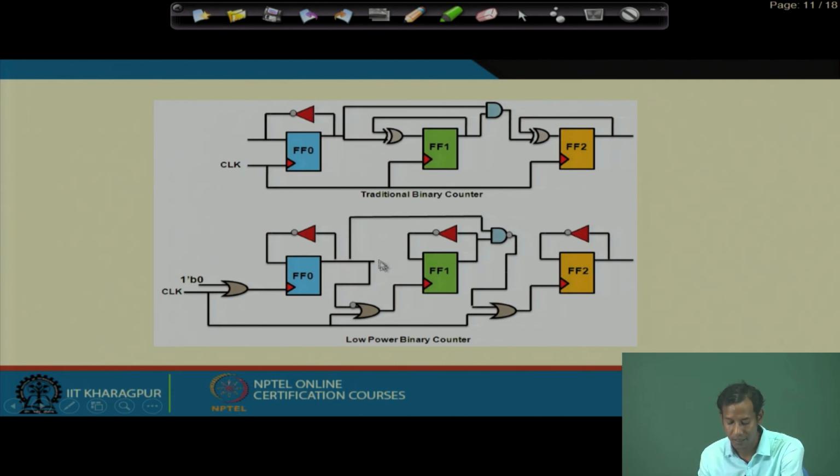Okay. So, whenever this is not running, that means all the portions are 0, this will also be 0, this will also be 0. At that time the clock will be just clock 2, and it will be nothing but this particular circuit implemented over here. So, there is some modification in the architecture, in the gates also, to make the traditional binary counter work as a low power binary counter.